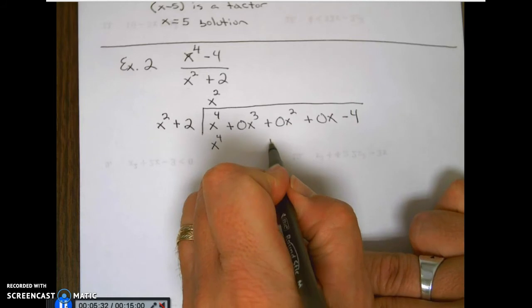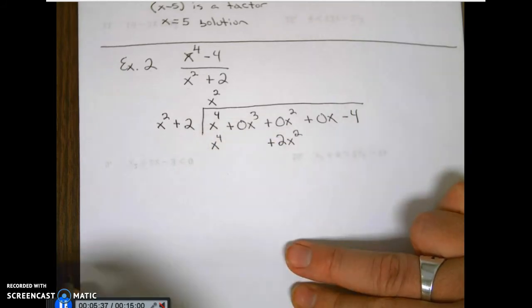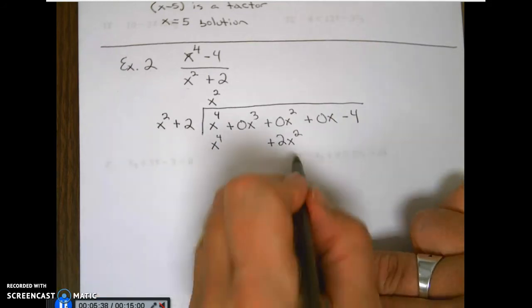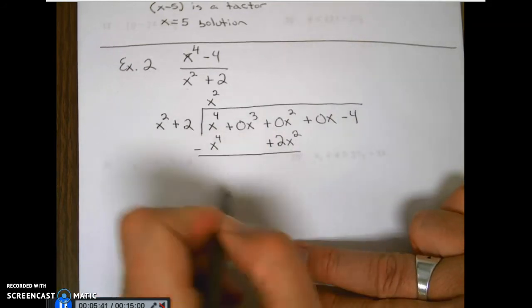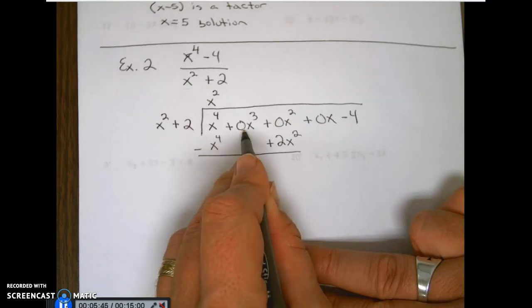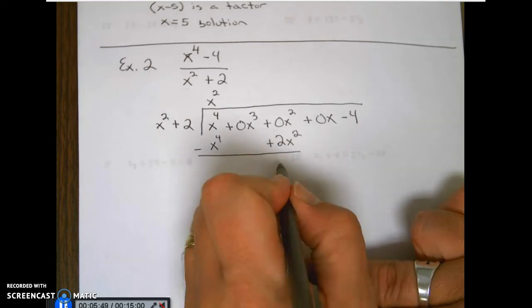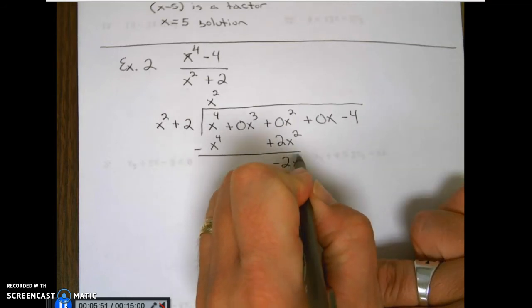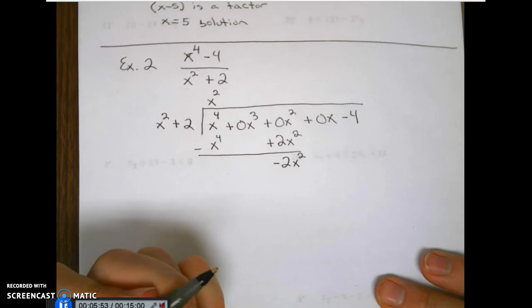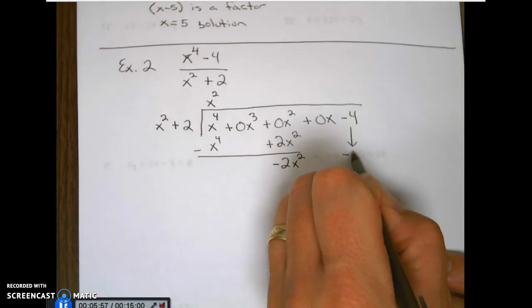Make sure you put it under the like term. Okay, subtracting, so that gives us 0. That's already 0, so we don't have to worry about that. 0 minus 2 is negative 2x squared. Next thing we're going to bring down is the minus 4.